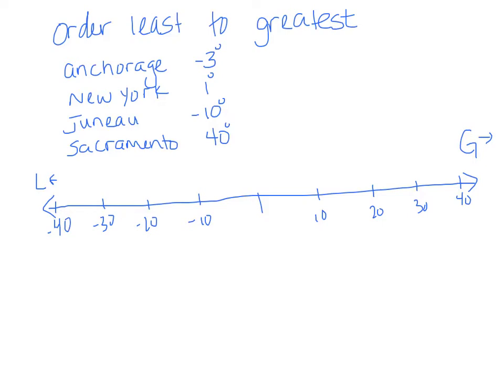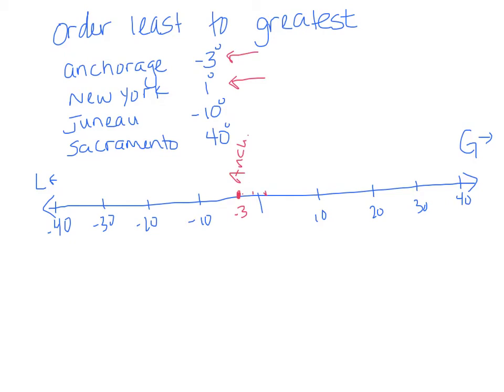And then I could just start by placing each of these values on the number line, starting with Anchorage, Alaska, at negative 3 degrees. Well, that's going to be 1, 2, 3 right about here. And I would put Anchorage, or an abbreviation of it, negative 3. Then I have New York, which is at positive 1 degree.